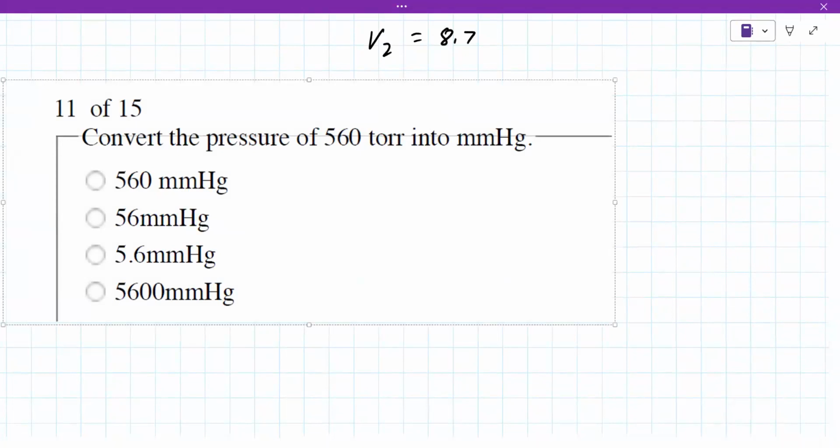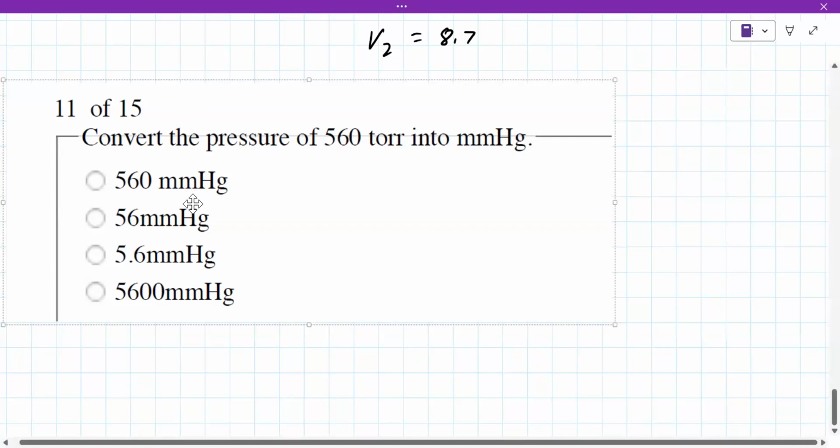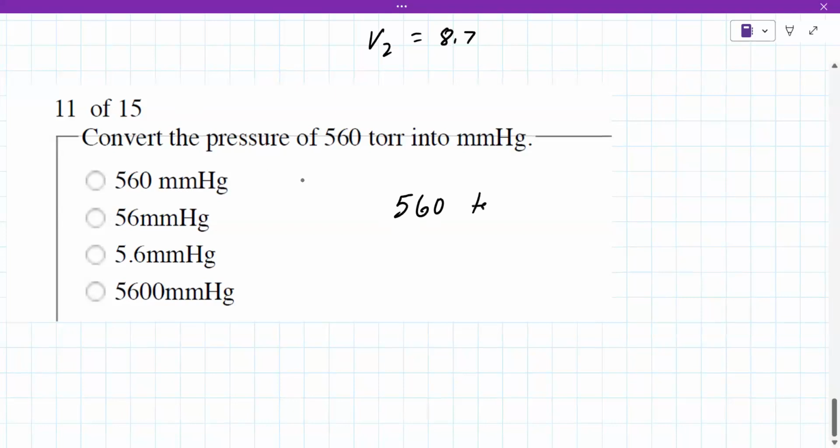Amount is because it's not volume, it's not temperature, it's not pressure. An amount refers to the number of moles, but it's like amount, it's too broad. Okay. But anyway, so torr is just another unit of measure.